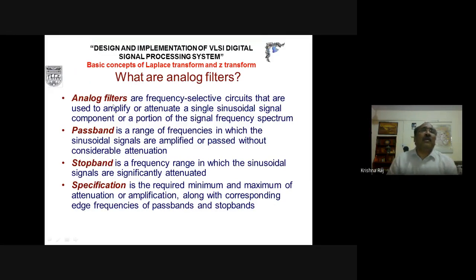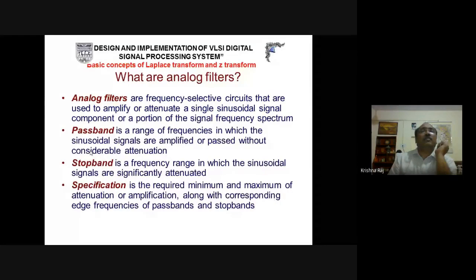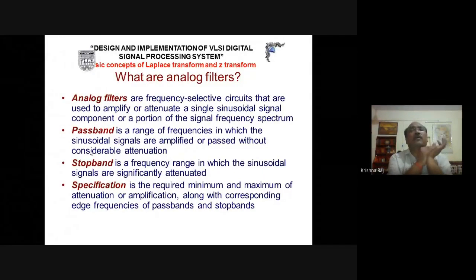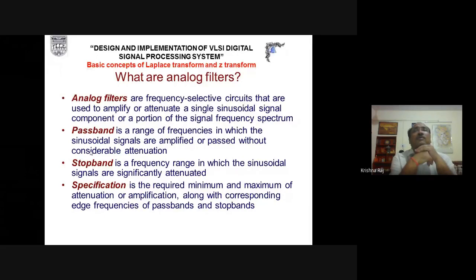Now, if we are interested in designing an analog system, suppose that analog or continuous system has to be designed to process or pass some range of the signal, and it is selected towards the lower side, then that will be named the low pass filter or system here.